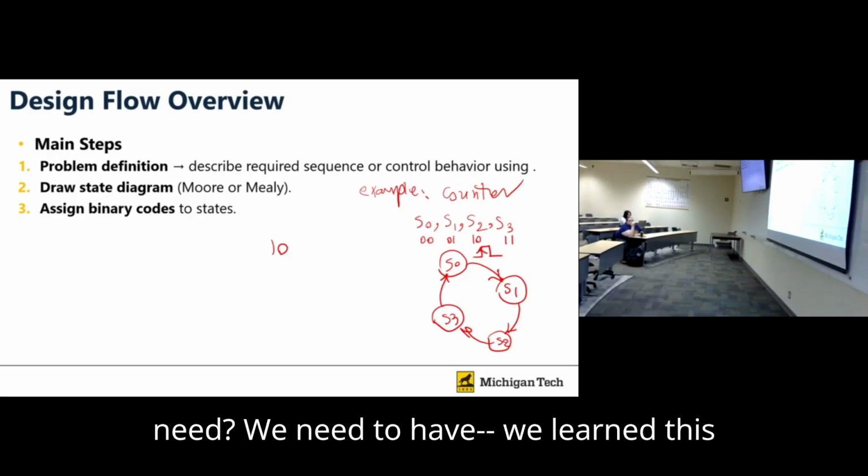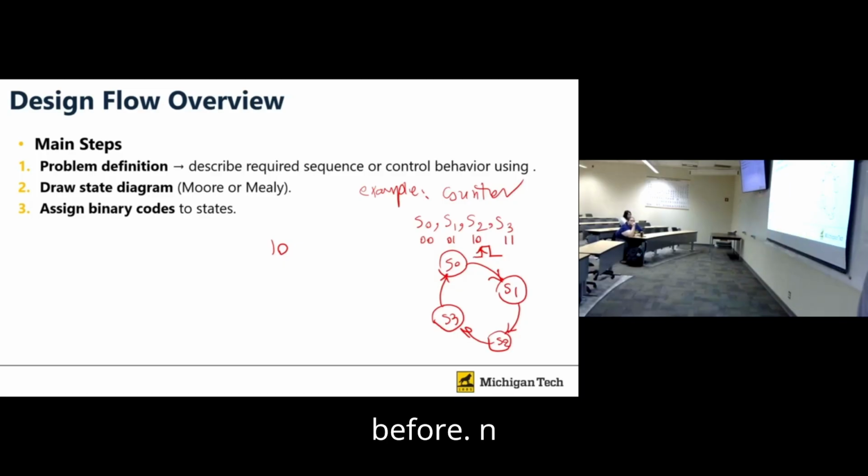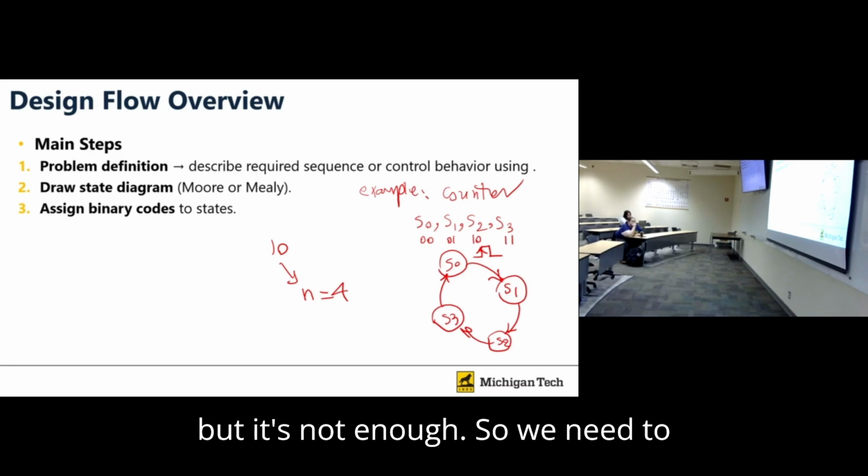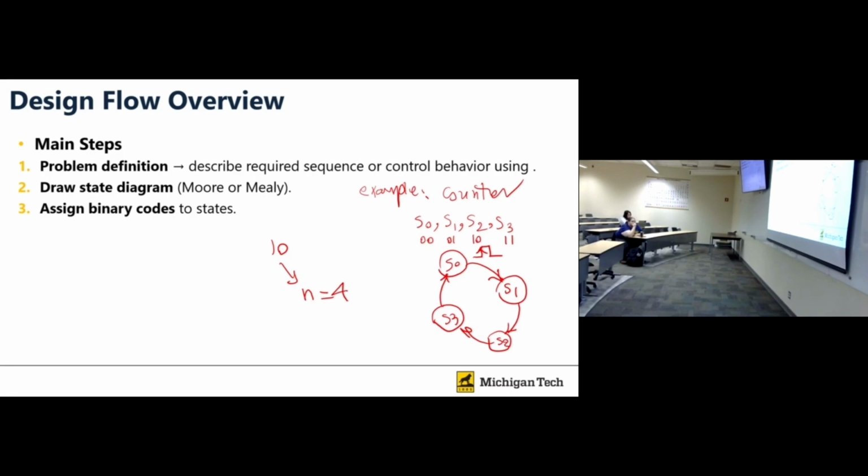We learned this before. So n is 4, because 3 is not enough. 3 is still 8, but it's not enough. So we need to consider 1 more. Okay, so assign binary code.